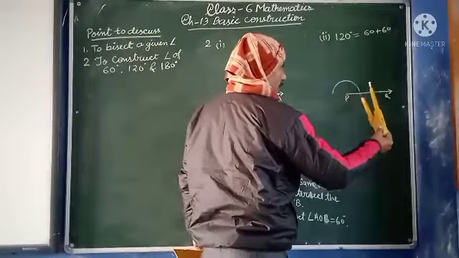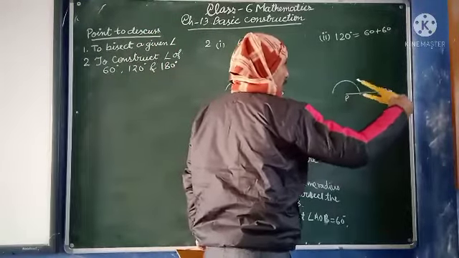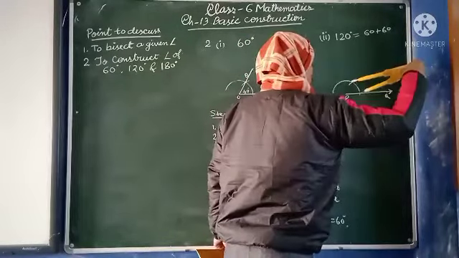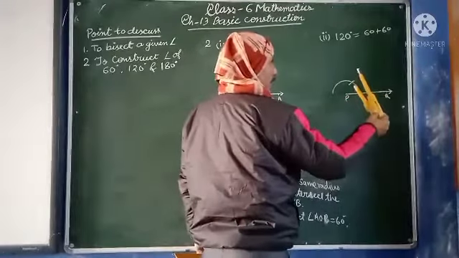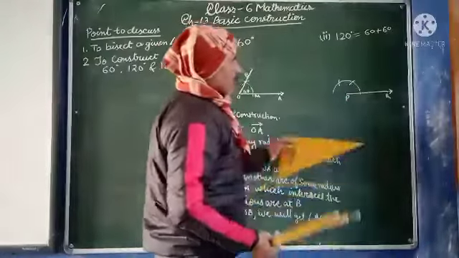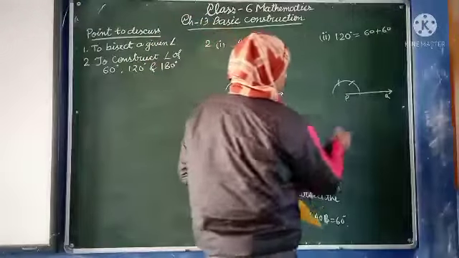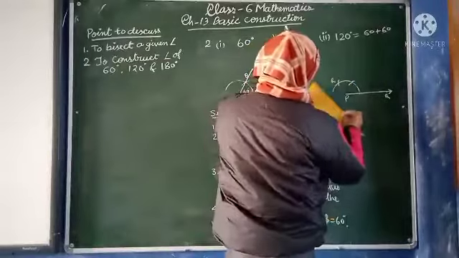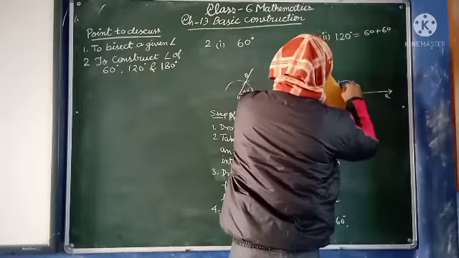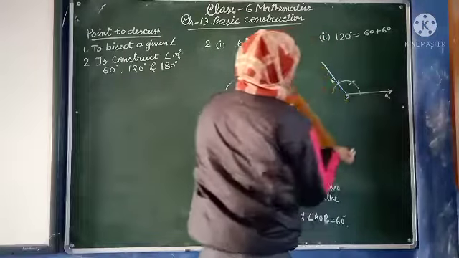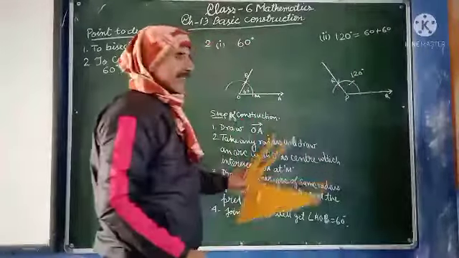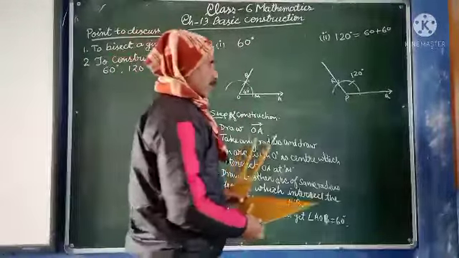One from the point of intersection of the arc and the ray. Then again, where the two arcs intersect, from there you draw another arc. Again you will see these two arcs are intersecting each other. You can mark this point R and join this to P. You will get your 120 degree angle. So the steps of construction you will write similarly.